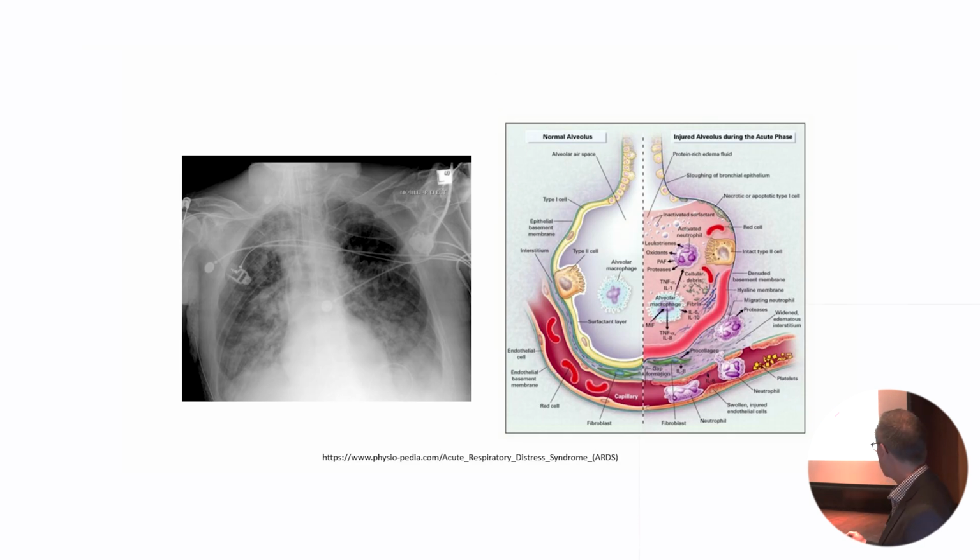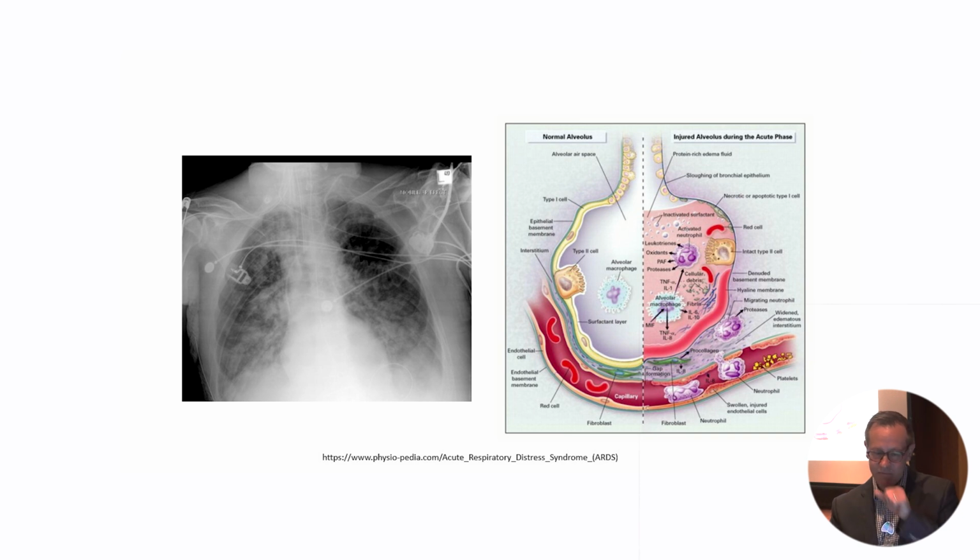And what does it look like? So this is what the X-ray looks like. Bilateral infiltrates. There's usually a basilar predominance and a posterior dependent predominance. And when you look at the actual pathology, what you see is the development of non-cardiogenic pulmonary edema, represented by this pinkish fluid here.